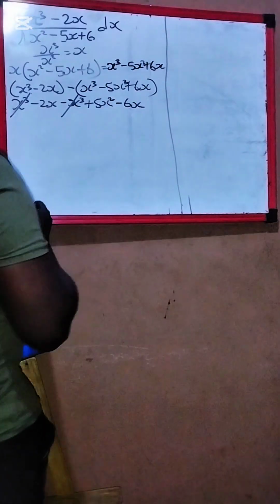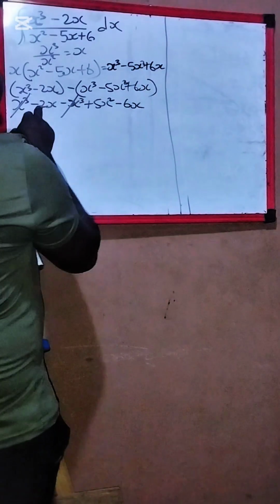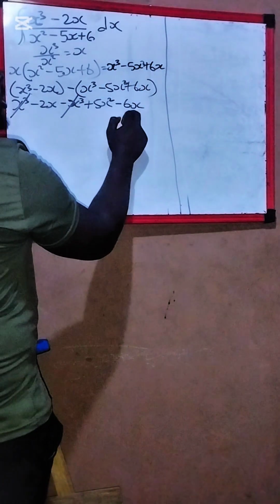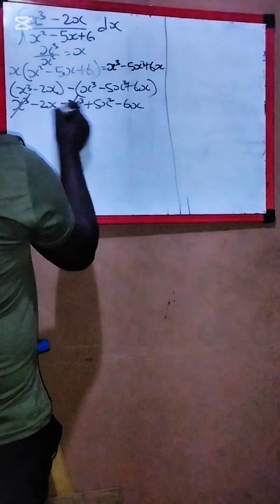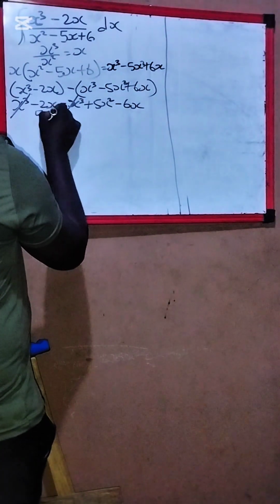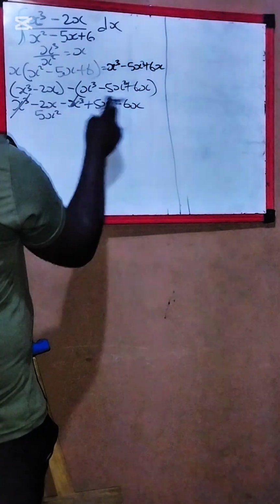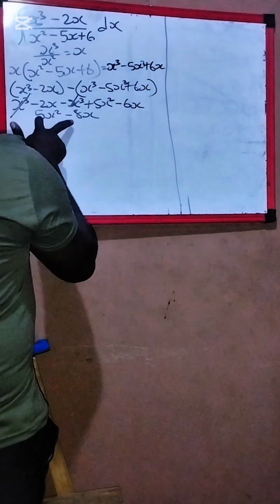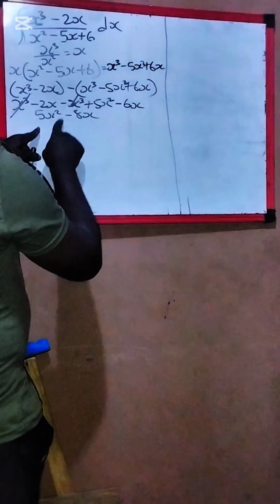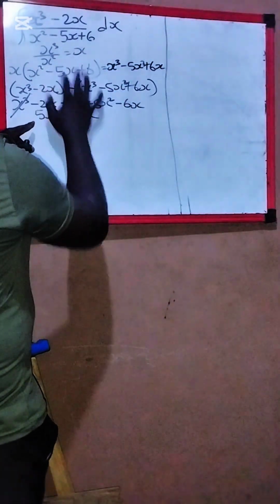Now remaining, we have negative 2x negative 6x, leaving us with 5x squared minus 8x.